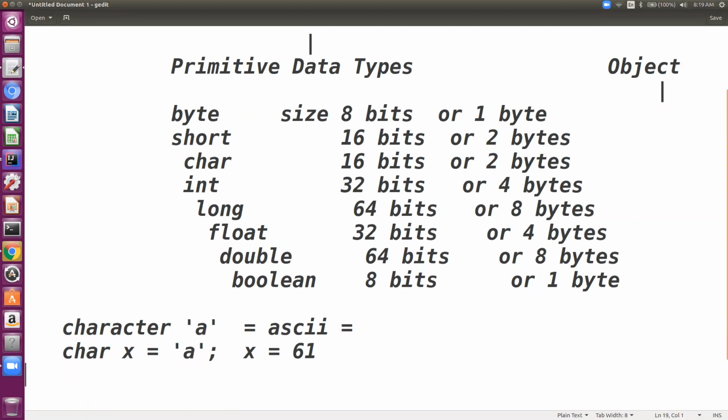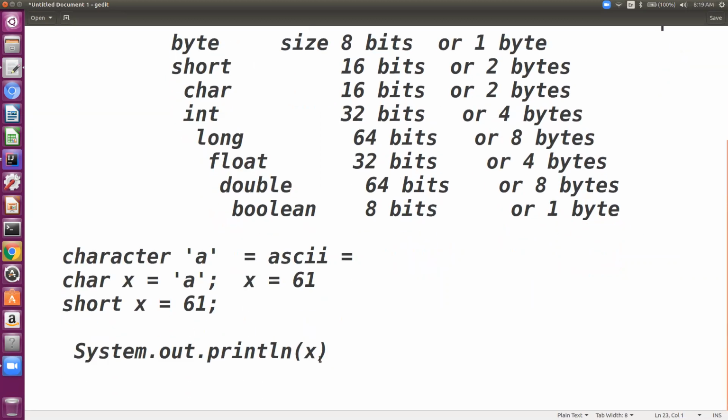What I mean by this is, if I write short x equal to 61 and print x, I will get 61. But if I print x where x is a char, I will get A as the print. Let me show you exactly what I mean with this program.